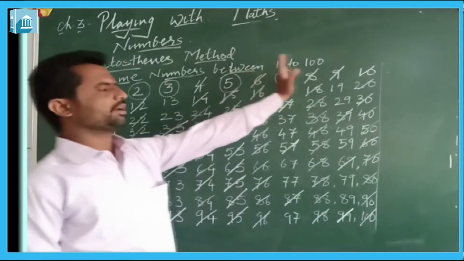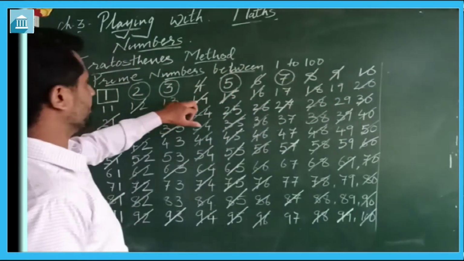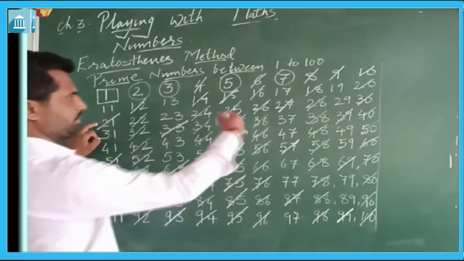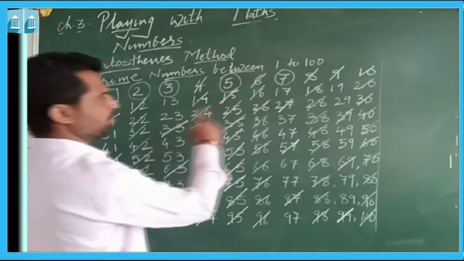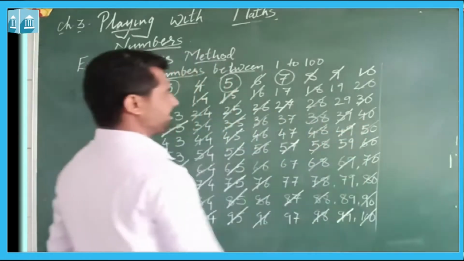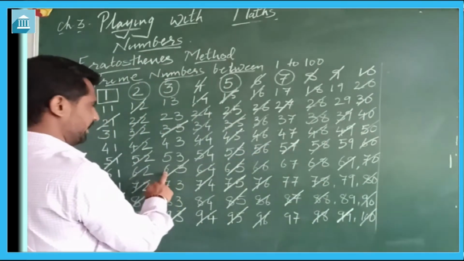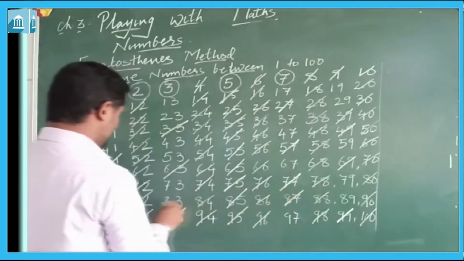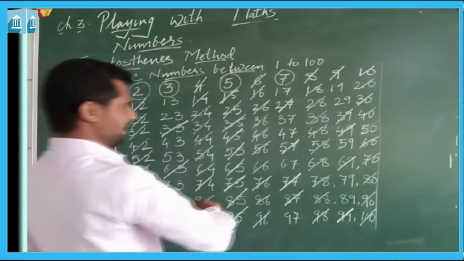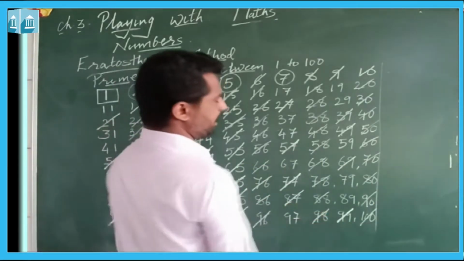Now we need to cut all the multiples of 7: 7, 14, 21, 28, 35, 42, then 49, 56, 63, 70, 77, 84, 91 and the last is 98.